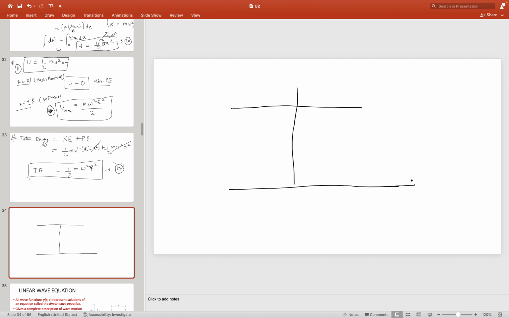Let us take displacement on x-axis. This is origin. We have to see three energies. Energy can be taken on the y-axis, displacement on x-axis.